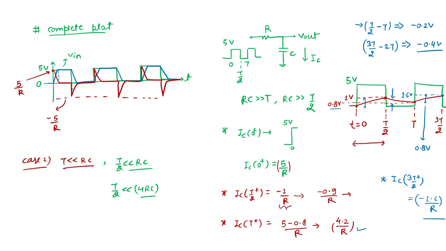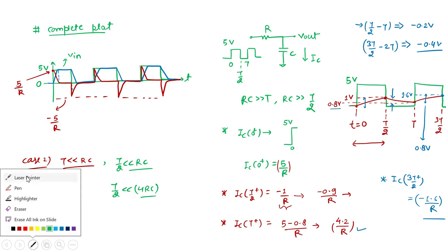So for the current, you can see the initial current is 5 by R, and after that it is slowly reducing. Okay, I should use the pointer here.